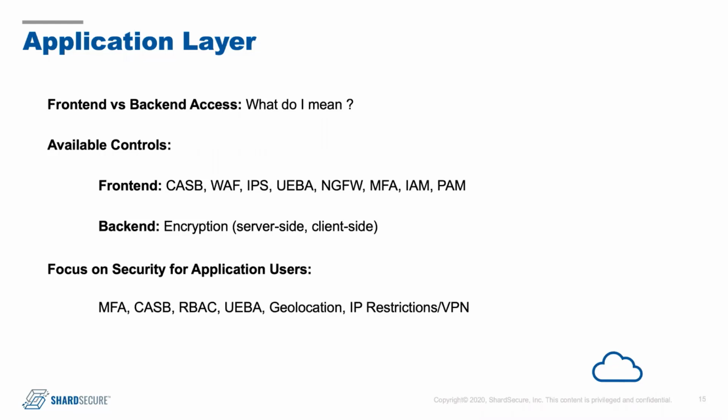But since you have a smaller attack surface, you can use your security budget and resources and focus on that smaller attack surface in a much more effective way. Definitely you should be using tools like MFA and CASB and RBAC and UEBA on your front-end applications to protect the sensitive data there.